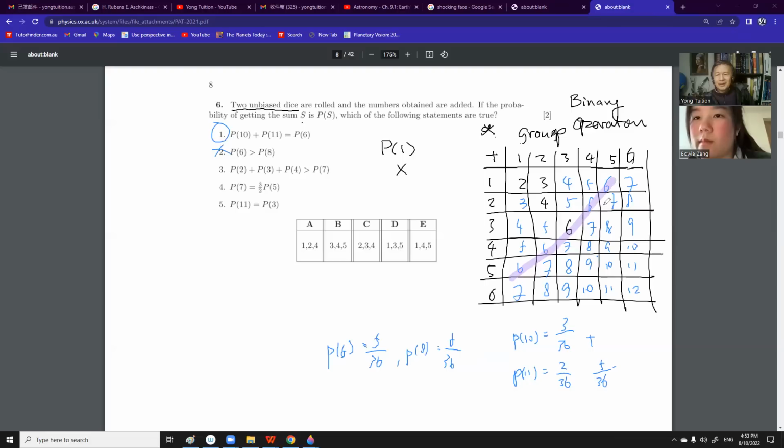This is just a part of group theory. How do you do the binary operation. Three is 2. 4, 3. 7 is like 6.